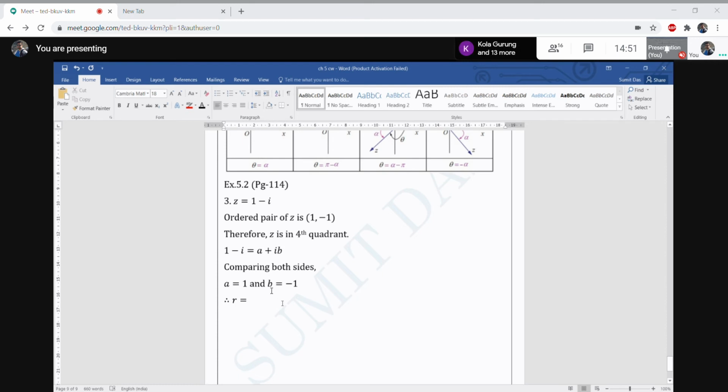Now, how to do it after getting r cos theta and r sin theta? By squaring and adding, that is, squaring r cos theta and squaring r sin theta, we get r cos theta whole squared plus r sin theta whole squared on the left side, and on the right side 1 squared plus minus 1 squared.